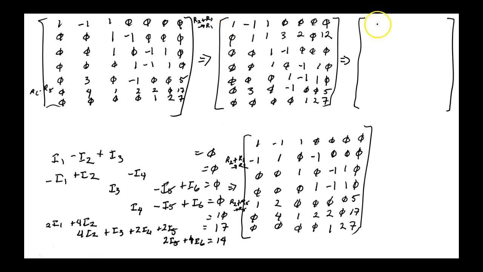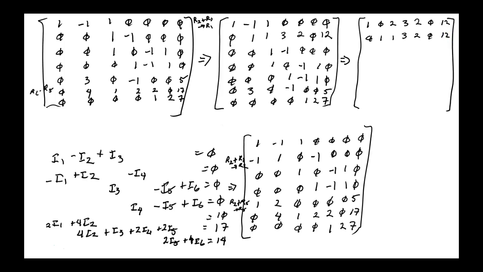Add those 2 rows together and you get a 1. And the row 2 stays the same, so it's 0, 1, 1, 3, 2, 0, 12.